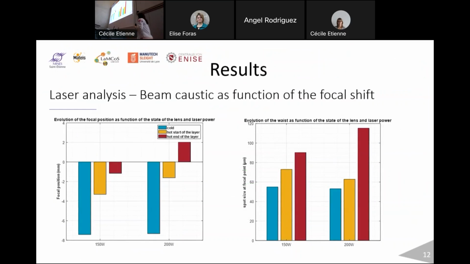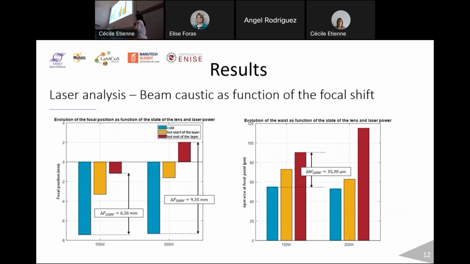For example, if we work at 150 watts, you have a drift of 6 millimeters of your focal point, and if we put in more energy, more energy will be absorbed, and in this case we will have 9 millimeters of focal shift.